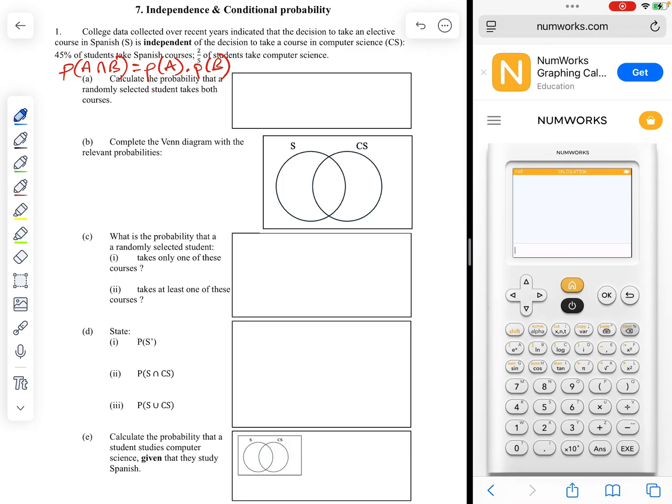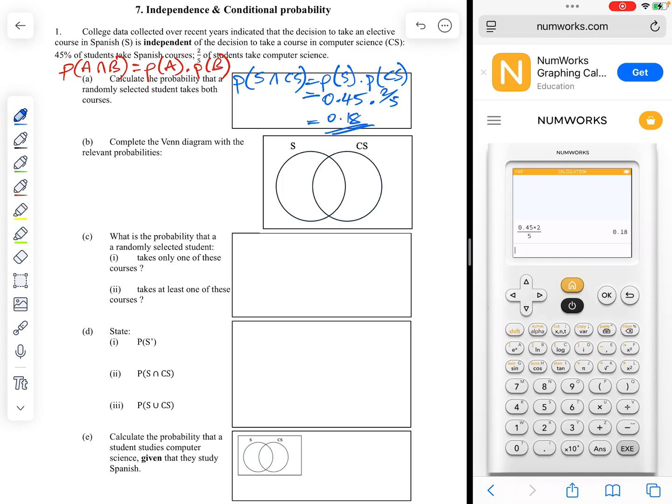So we can write down here the probability of Spanish intersection computer science is the probability of Spanish multiplied by the probability of computer science. 45% means 0.45 multiplied by 2/5. With our calculator, 0.45 multiplied by 2 over 5, 0.18.